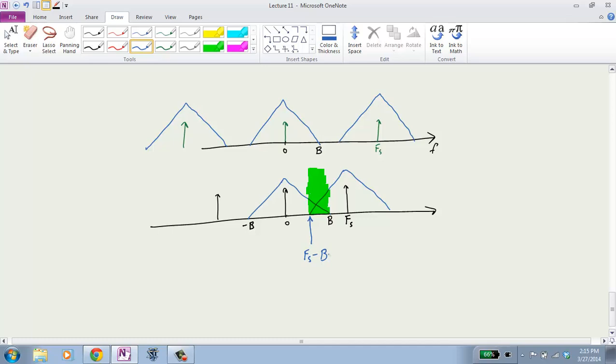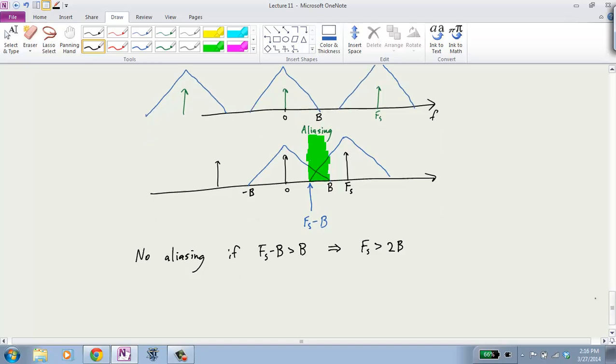Okay. Well, of course, so no aliasing. We call this aliasing. I'll write that here. Okay, we get no aliasing if Fs minus B is greater than B. That means if Fs is greater than 2 times B. All right.